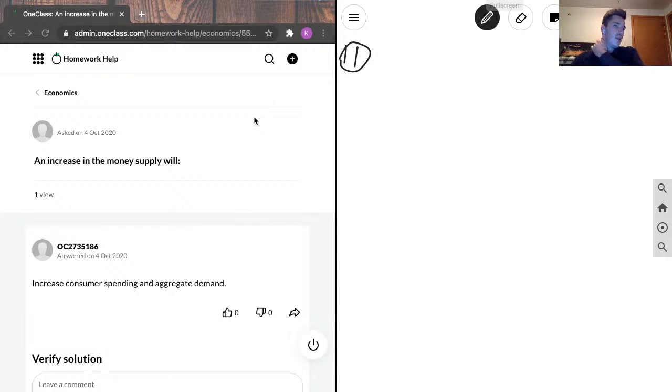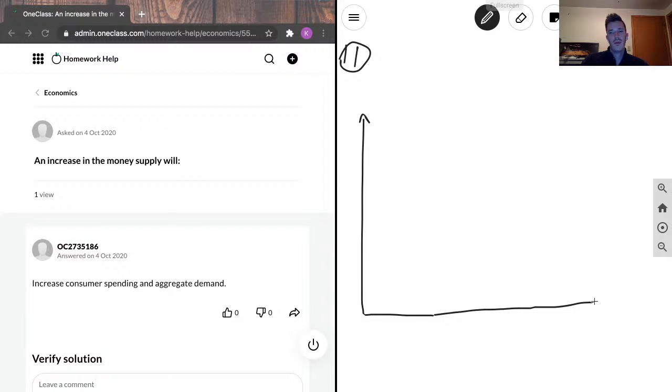Number 11, an increase in the money supply will, and our junior tutor has written increased consumer spending and aggregate demand. I'm going to draw the money market graph. I think this is like the quantity of money. I'm definitely going to have to Google this to double check, but I believe this is demand for money, MD.